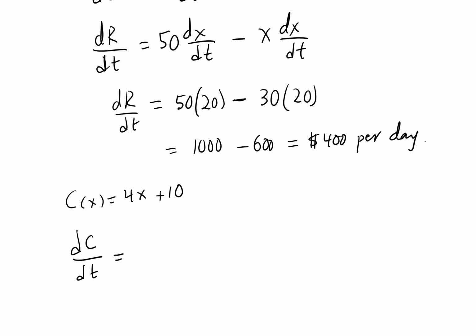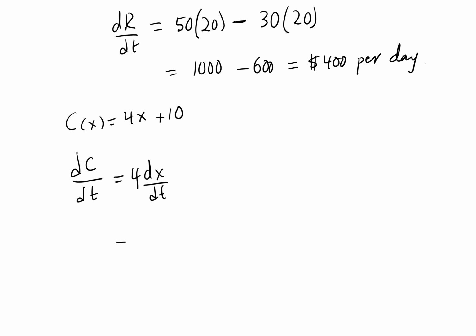Differentiate both sides with respect to t. Keep the 4 as is. The derivative of x is dx dt, plus 0, because the derivative of a constant is 0. And from the given information, dx dt is 20. So that gives us $80 per day.